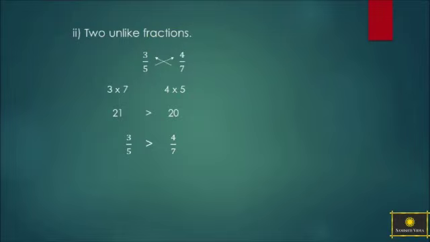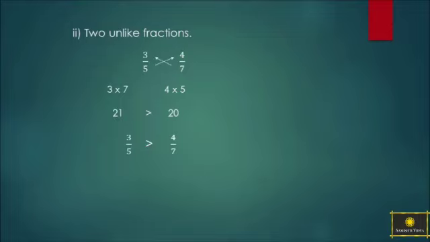Now let us see how to compare two unlike fractions. 3 divided by 5 and 4 divided by 7. As we have seen in the like fractions, we need to cross multiply. That is, the numerator of the first fraction multiplied by the denominator of the second fraction. That is 3 into 7. 3 sevens are 21.